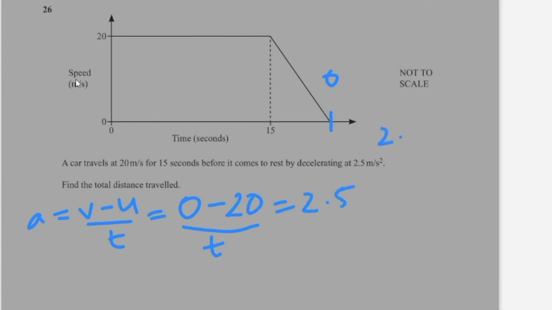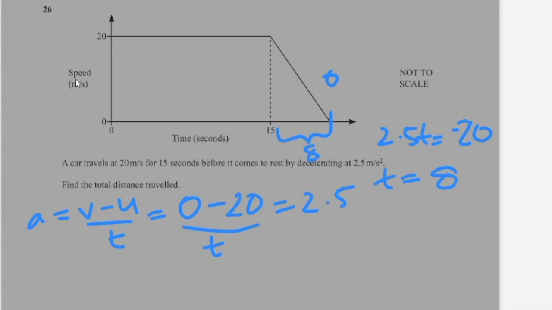So 2.5 t is equal to negative 20, and t is then equal to negative 20 divided by 2.5, which is equal to 8.